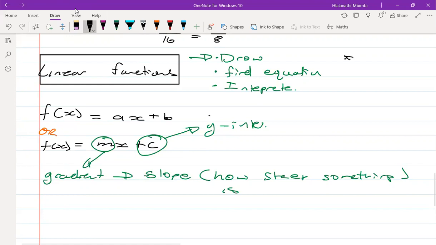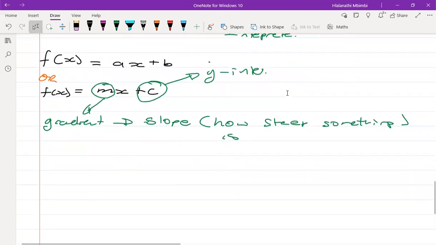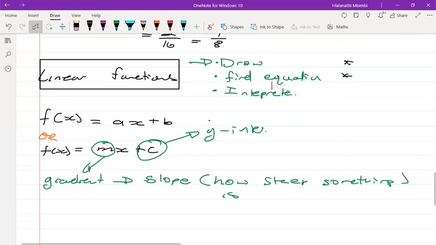I'll focus on drawing and finding the equation. Those are the only ones that I'll focus on. And then later on, I will focus on interpretation where we just interpret all of the graphs. Okay, anyway, so now it looks like we're going to start by drawing them.